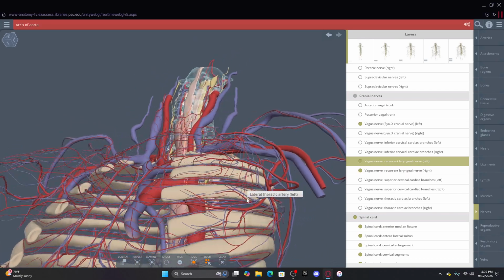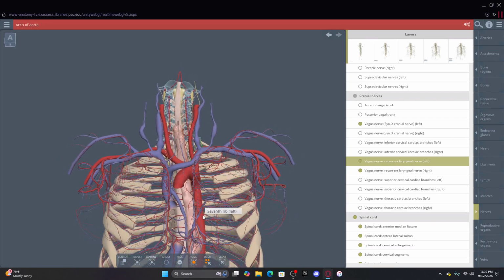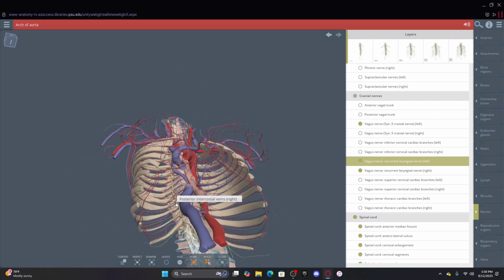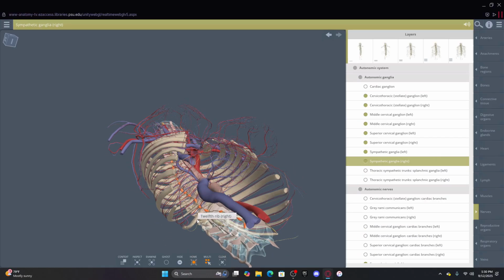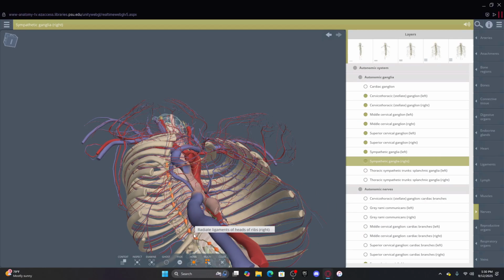And with that, I have two other structures, and we are done for this week's review. Those two structures are, one, the sympathetic trunk, right here, with the ganglia. So sympathetic trunk.